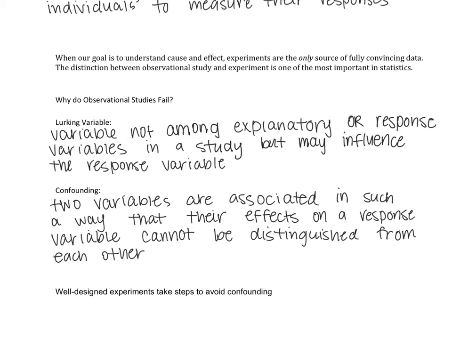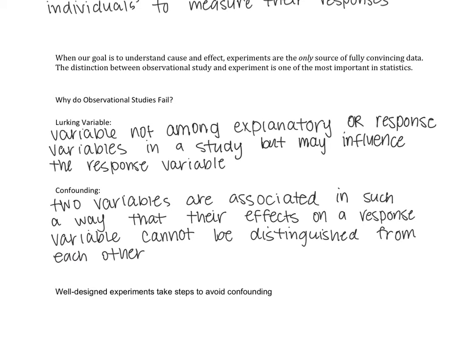So, for example, you're observing whether or not heart medication affects whether or not someone has a heart attack. And you look at women of all ages, and you find that it doesn't have an effect.